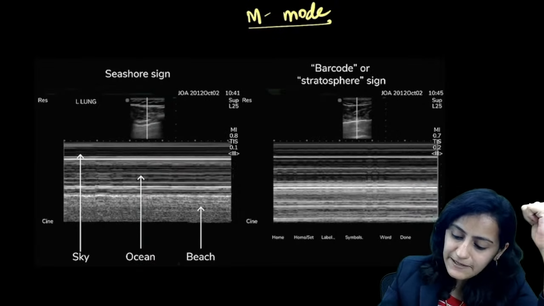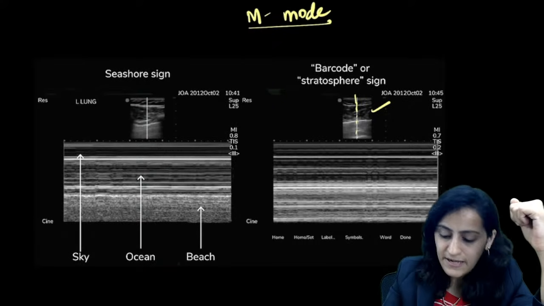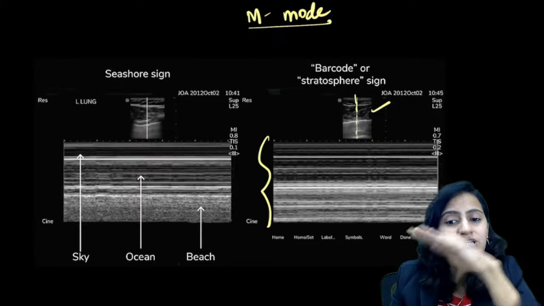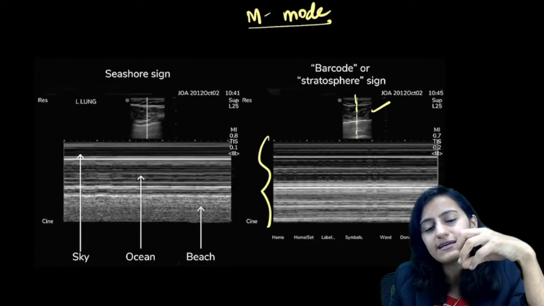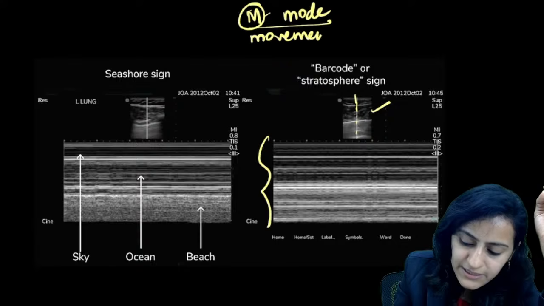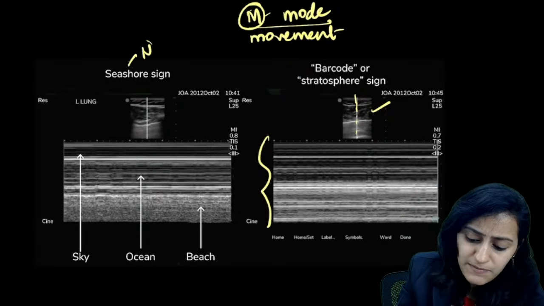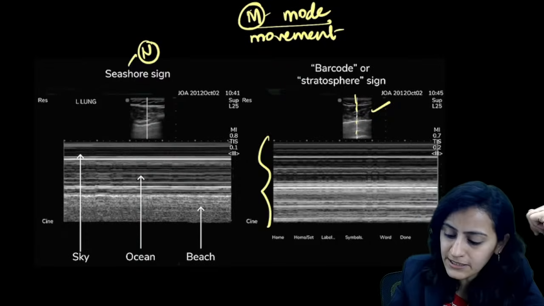So when you see that in the ultrasound image, there is one line which is passing, and then you see this sort of image which is showing the movements basically. This is M mode. Remember, the M mode of ultrasound is to look for the movement of these structures. So normal lung shows the seashore sign.